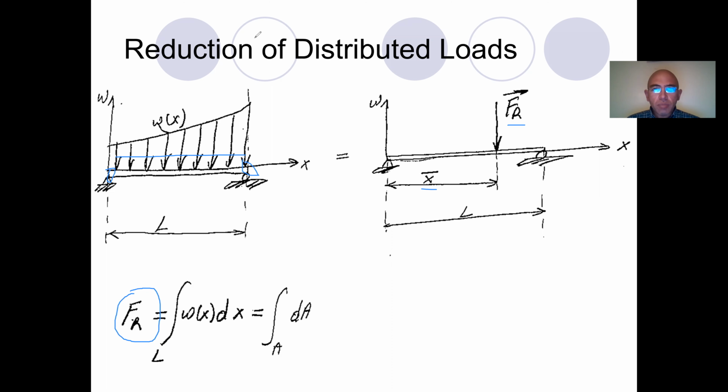Basically I do it by integration. As a result, I integrate this Wx, because it's the magnitude, from 0 to L, or along the region where it is applied. This gives me the resultant force. So this is how I obtained the magnitude of the resultant force.